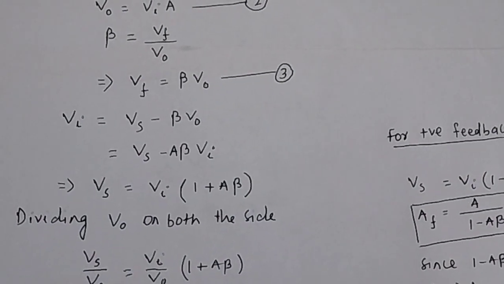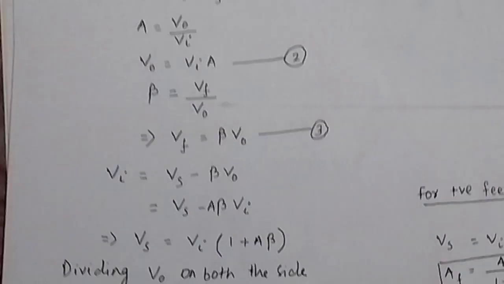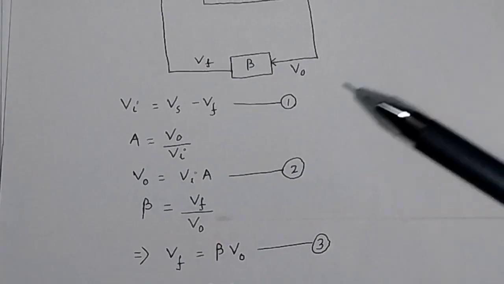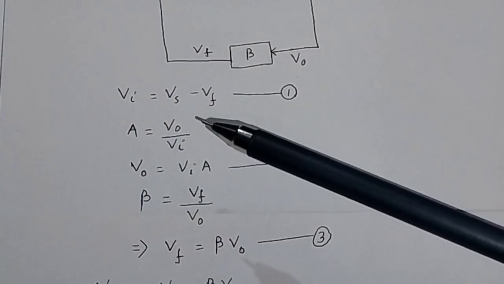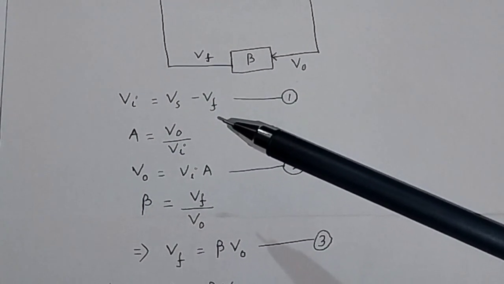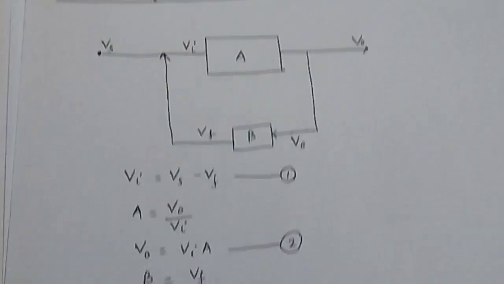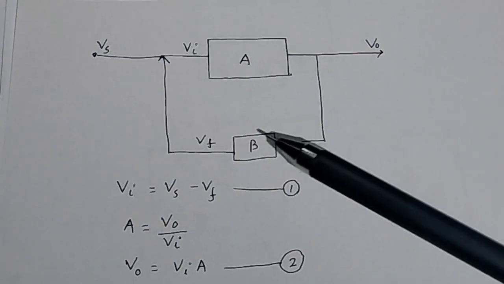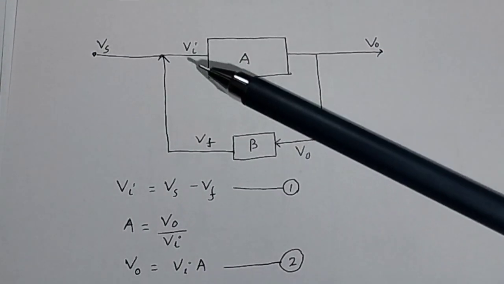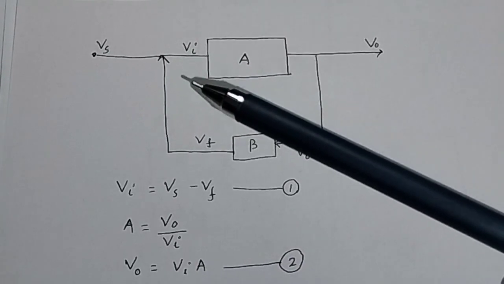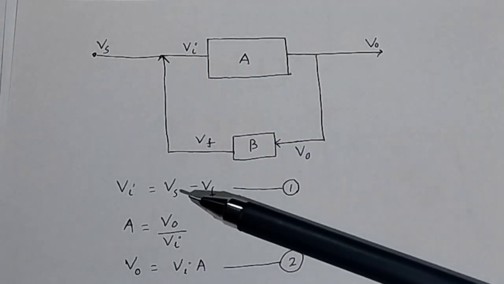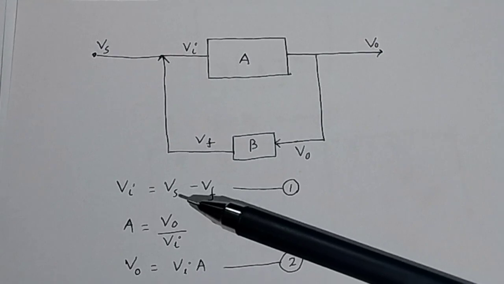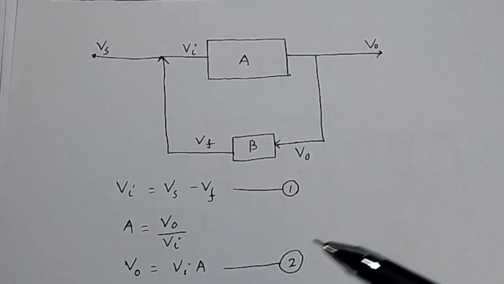And for a positive feedback amplifier, what do you do? You take the input voltage equal to the source voltage plus the feedback voltage. For positive feedback, you add the feedback voltage with the source voltage. So the input voltage will be equal to the source voltage plus the feedback voltage.